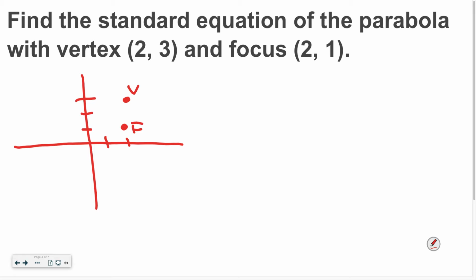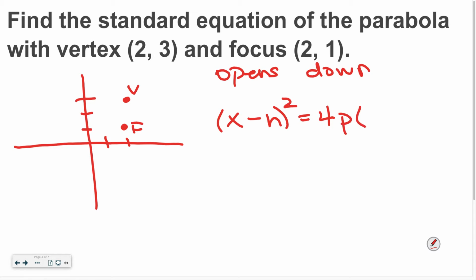Addie M, give me 1 piece of information we know. Okay? It opens down. Okay, and because it opens down, we know that we need x minus h squared equals 4p times y minus k. Right? Okay.